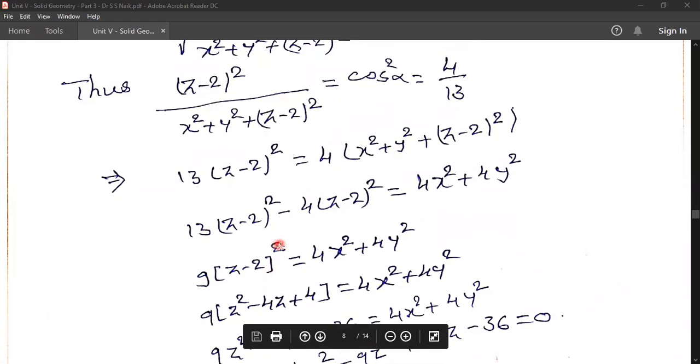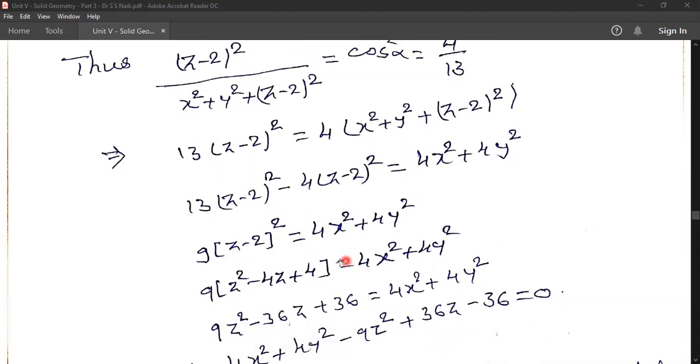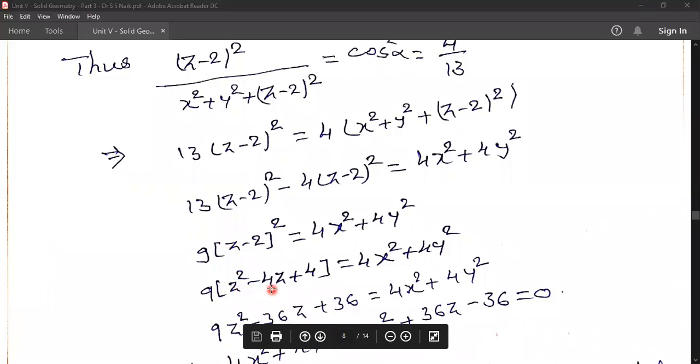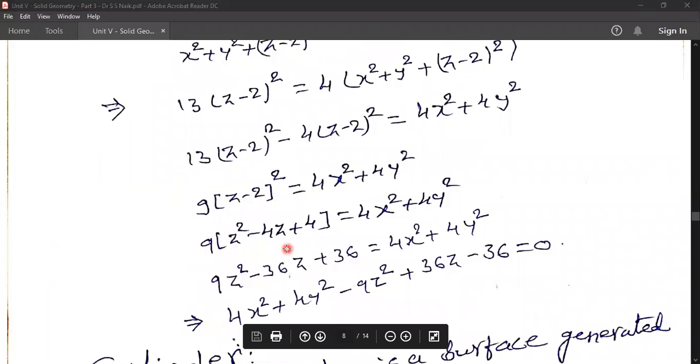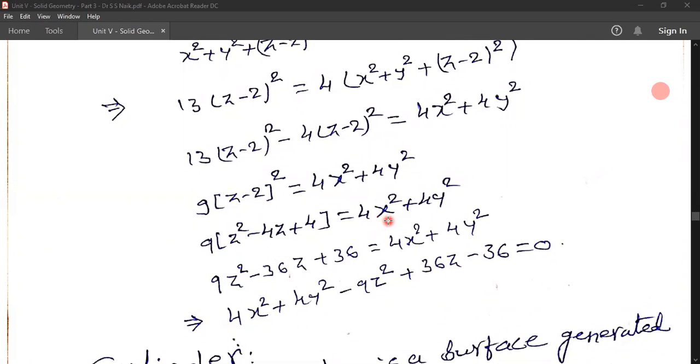So 9 (z minus 2) bracket square is equal to 4x square plus 4y square. Again when you expand this, it is z square minus 4z plus 4, 9 times of this, is equal to 4x square plus 4y square.